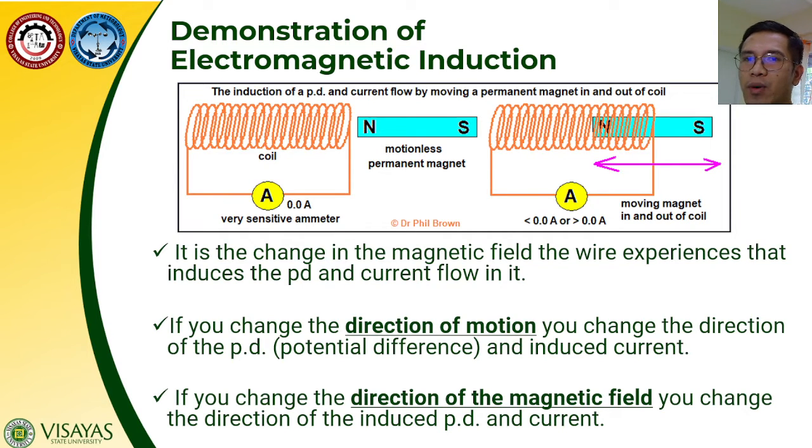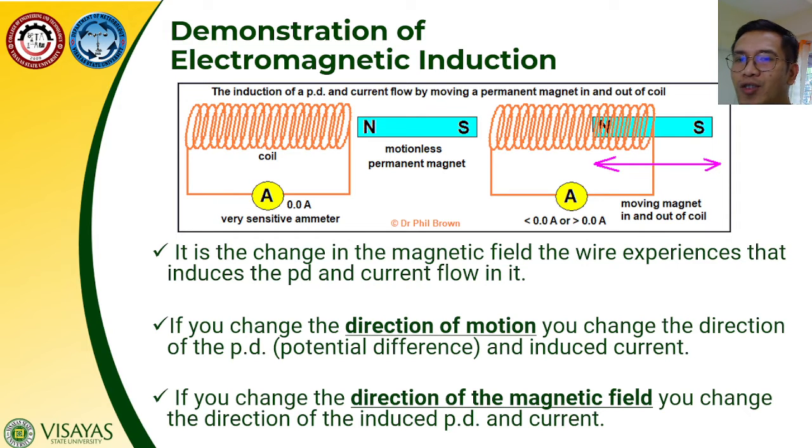So if we bring the magnet near the coil, however the magnet is stationary, nothing will happen. But if we move the magnet in and out of the coil, we can create a potential difference. Therefore, electric current will flow in the coil, or current flow is induced in the coil.